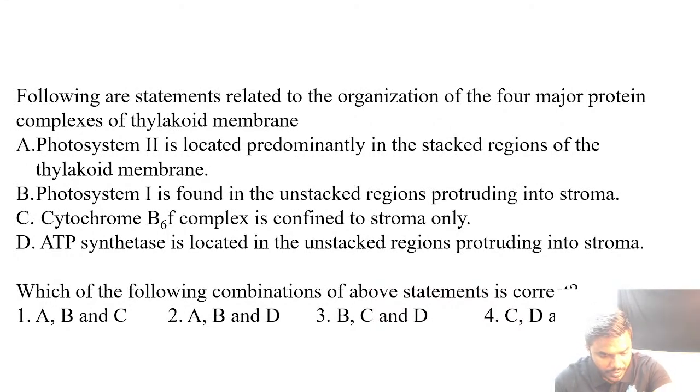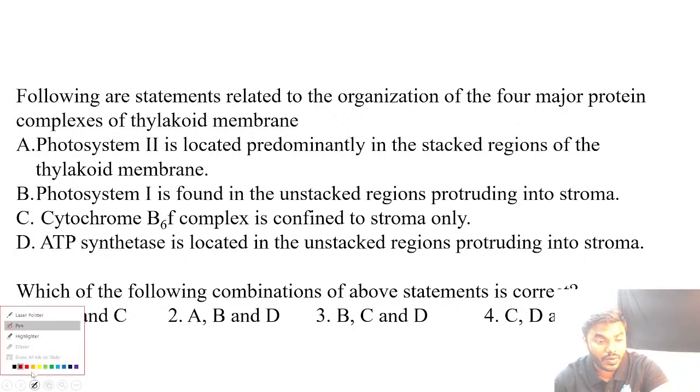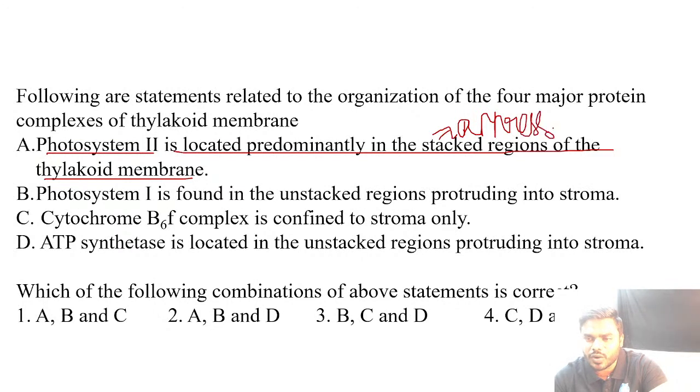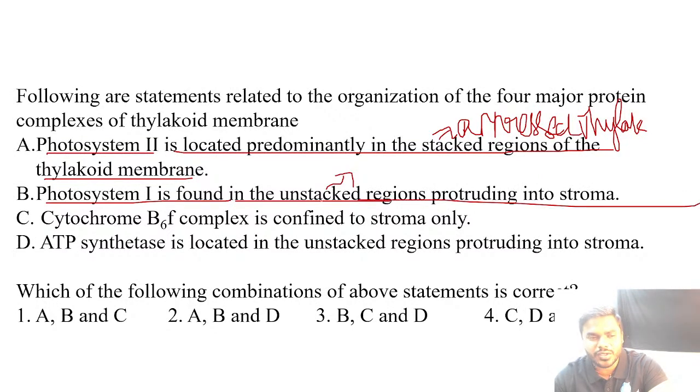Oh, that's great. Okay. Such a simple question, my friends. Photosystem 2 is located predominantly in the stacked regions. What do you mean by stacked regions? I told you, tightly appressed thylakoids, where the thylakoids are arranged very tightly. And photosystem 1, I said very clearly, is found in the unstacked region, which are freely arranged, protruding into the stroma.